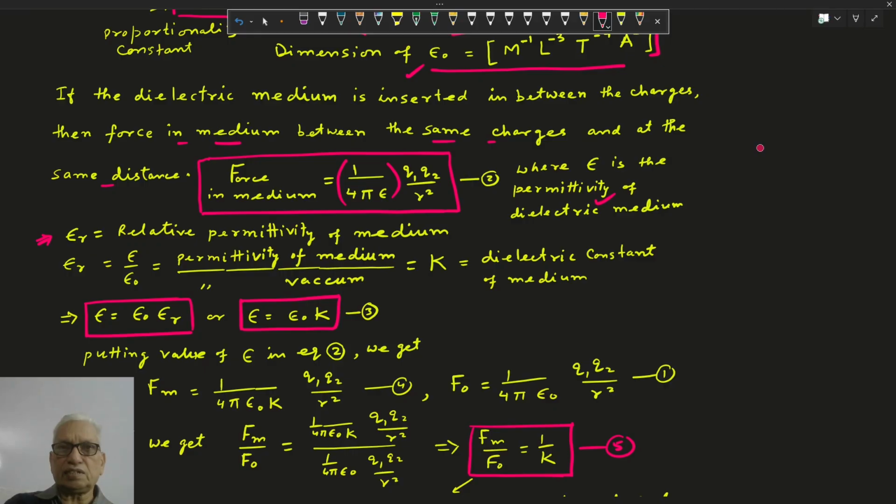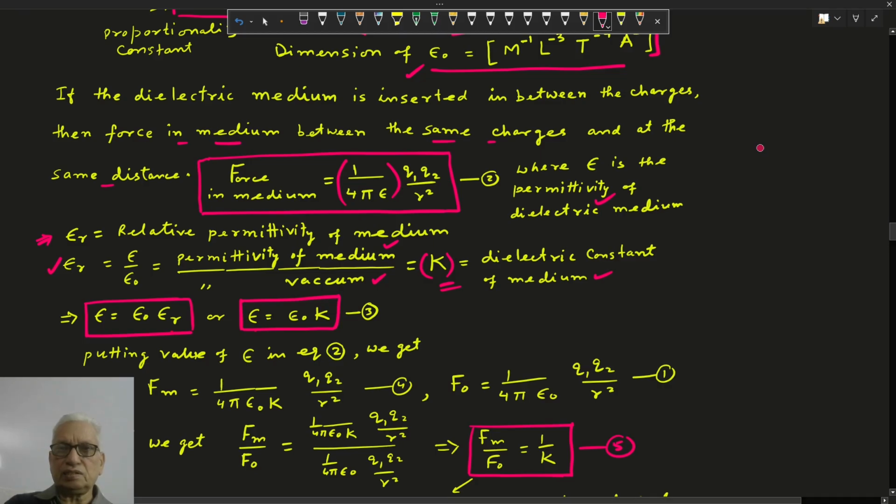It is given as the ratio of epsilon upon epsilon naught, permittivity of the medium upon permittivity of the vacuum. Sometimes it is called K, the dielectric constant of the medium. Relative permittivity and dielectric constant are the same thing. After cross multiplication, epsilon is equal to epsilon naught epsilon r.